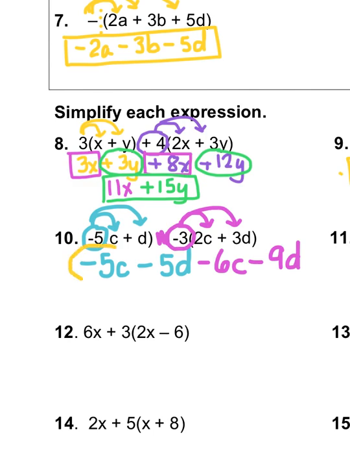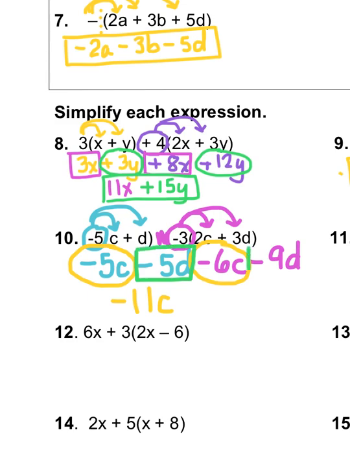Now we'll look for like terms. You can see where circling the sign in front will make our lives easier. We have a -5c and a -6c. The signs are the same, so we add. 5 plus 6 is 11. And we keep the sign, so it's -11c. Let's look at the next one. We do have some more like terms, and they are the d's.